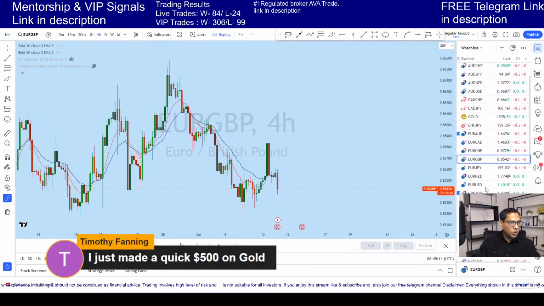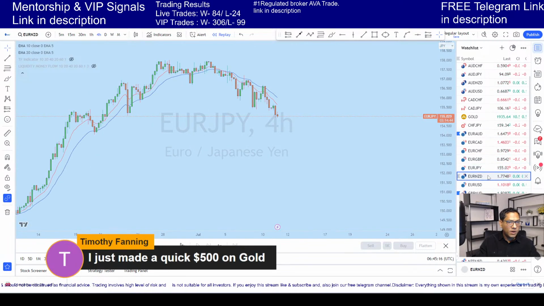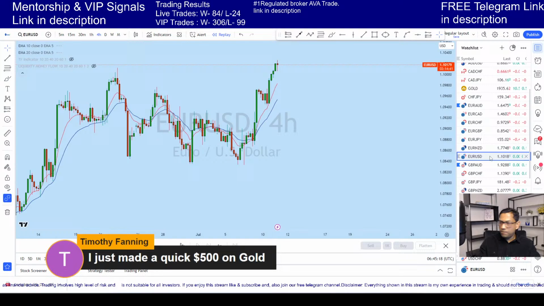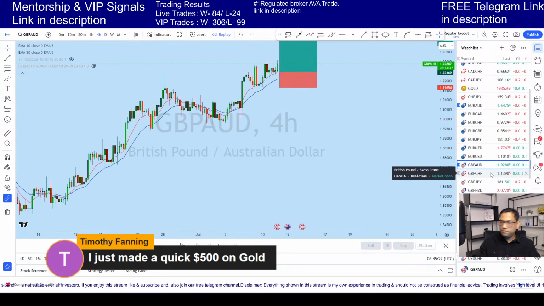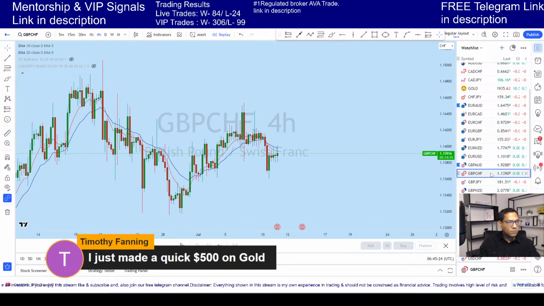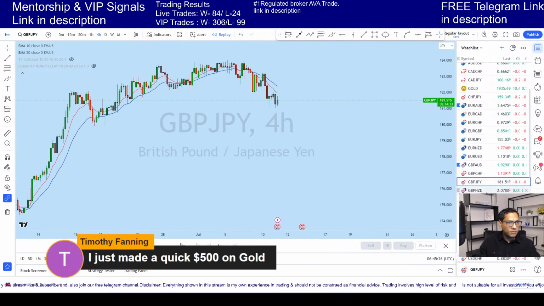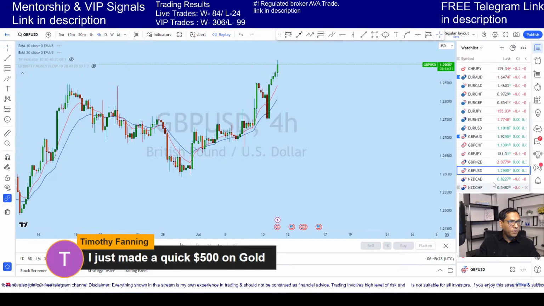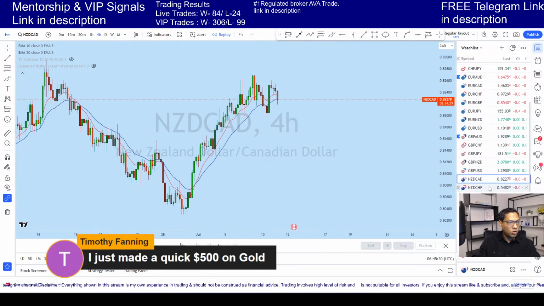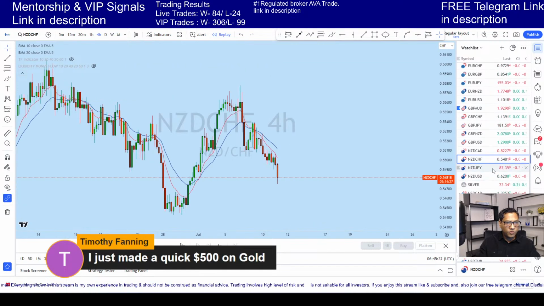But let me quickly look at all of them, guys, to see how the market is doing. GBP AUD, GBP JPY, so GBP pairs look very strong, which is very good for us.